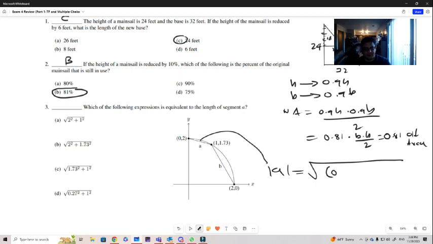So that will be (0 minus 1) squared plus (2 minus 1.73) squared. So if you check this out, this is going to be 1 squared plus 0.27 squared. So that clearly is this part right here. All right. Now, moving on.